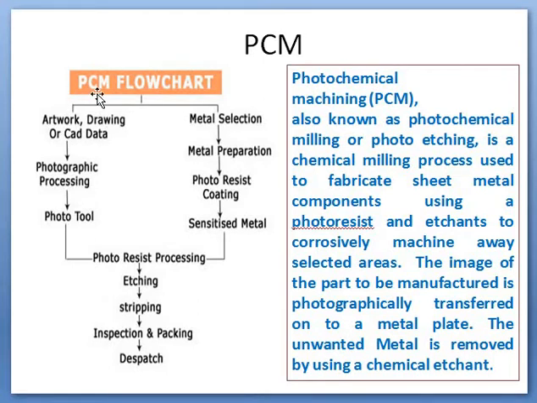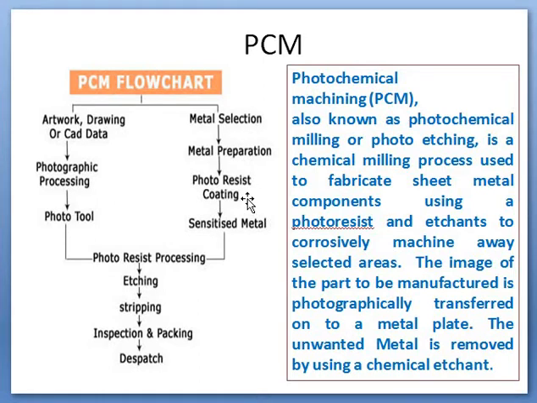If you consider this photochemical machining process flow chart, we produce the diagram using AutoCAD, and we carry out the photo processing using the phototool. At the same time we select the material or metal and prepare the metal.